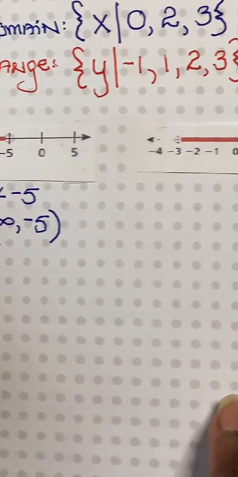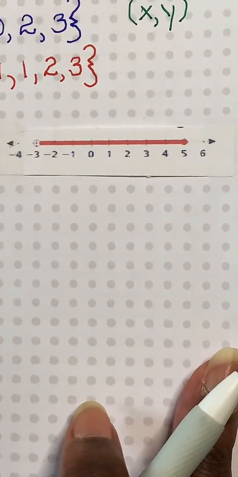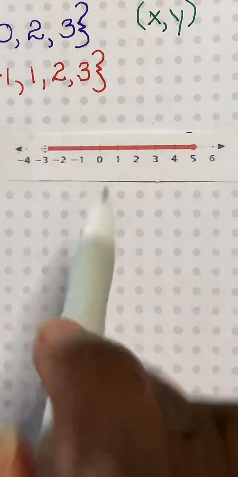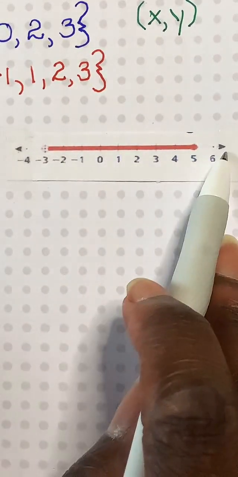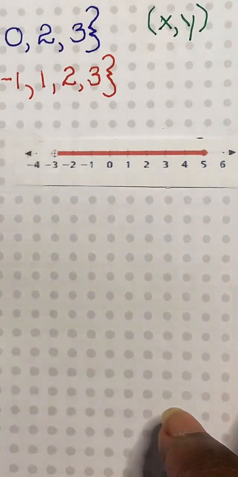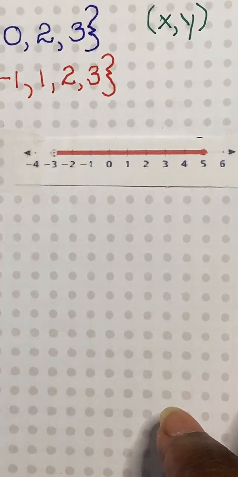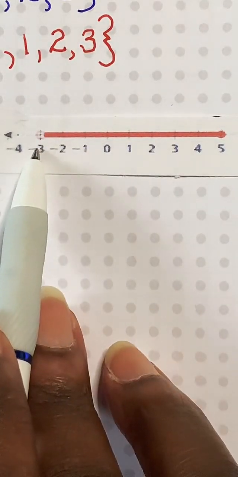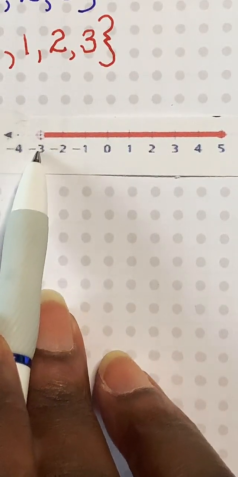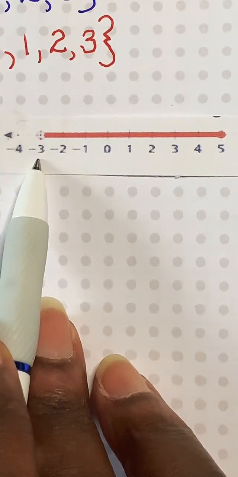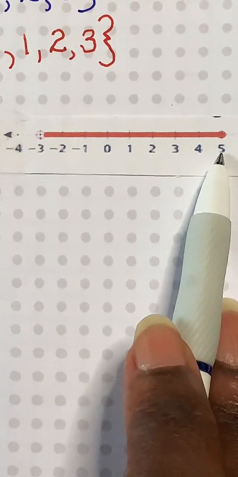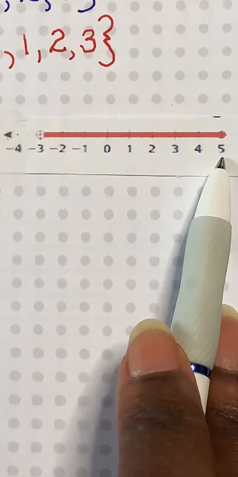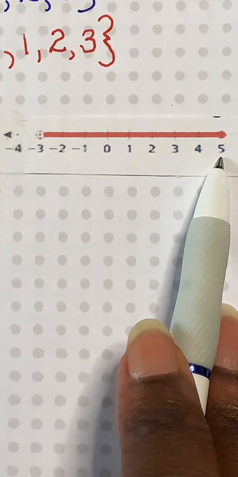So if I come over and they give us one number line, I might have to zoom in a little more so you can see it. There's an open circle at -3, but a closed circle, or a dot, at 5.